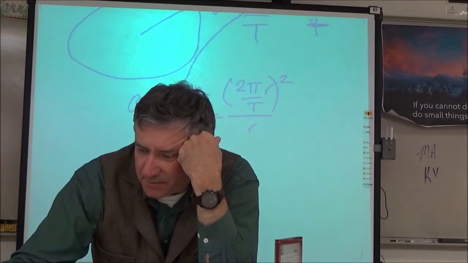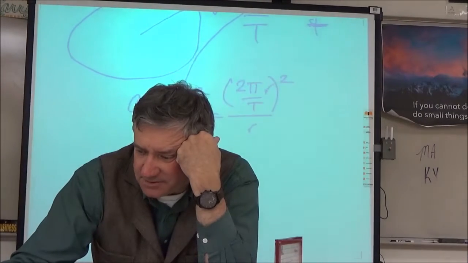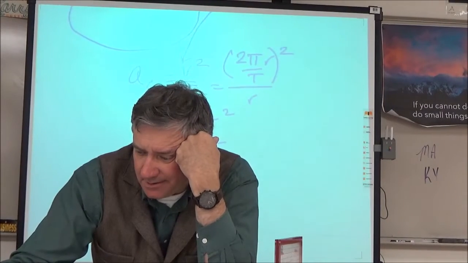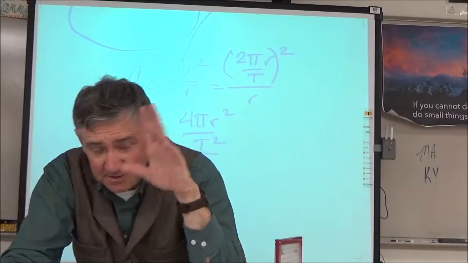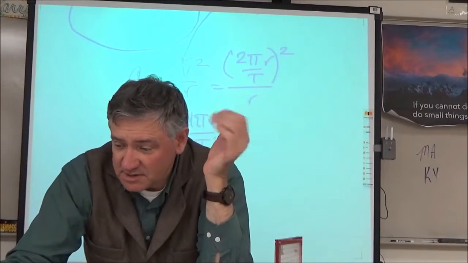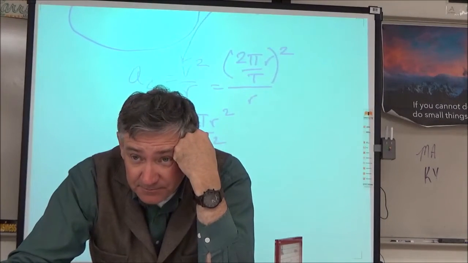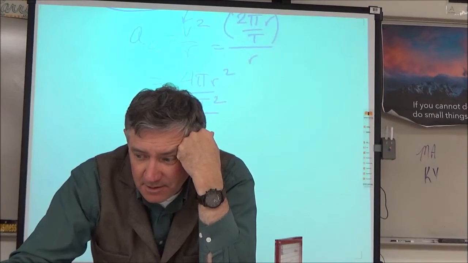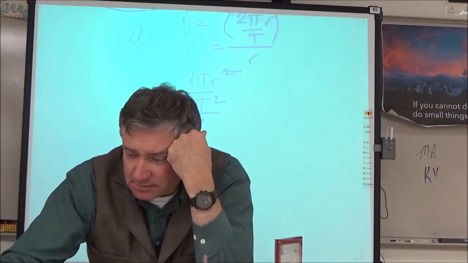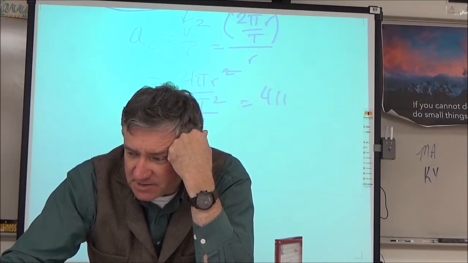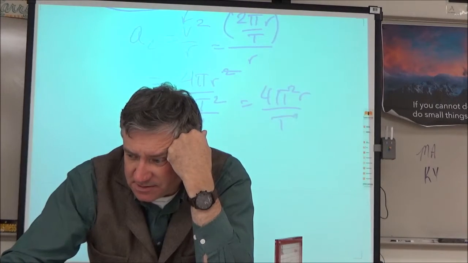So now when I square all this, I get 4 pi squared r squared over T squared divided by r. So this is where the pirate doesn't like this step. What's going to happen to one of my r's? I'm going to lose one of my r's. So I got 4 pi squared r over T squared.